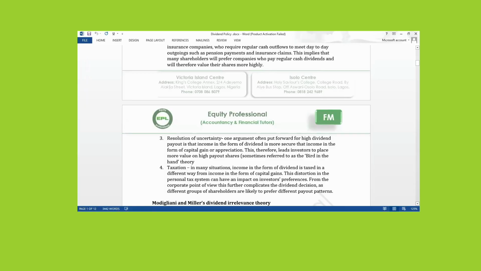A bird in the hand. Return received in the form of cash dividend is better than capital appreciation, growth in share price.